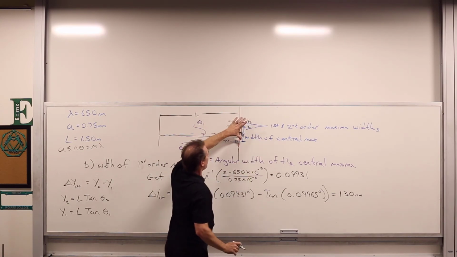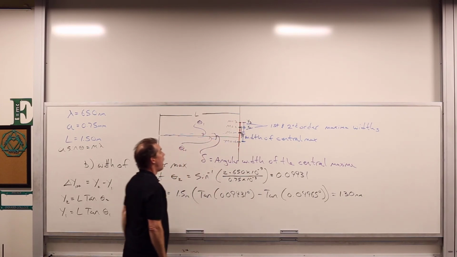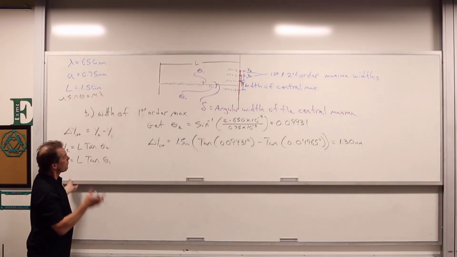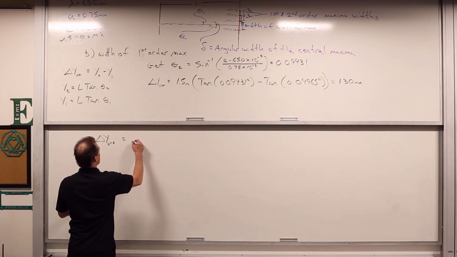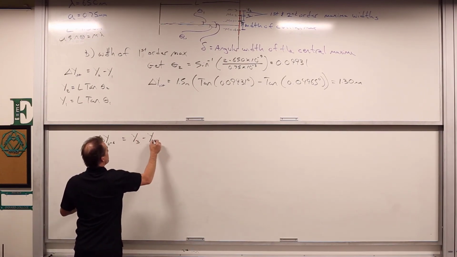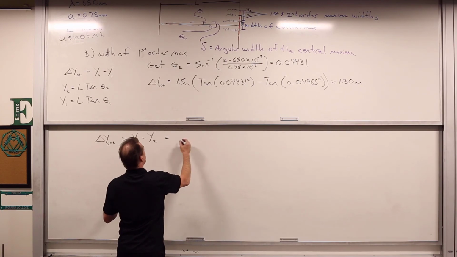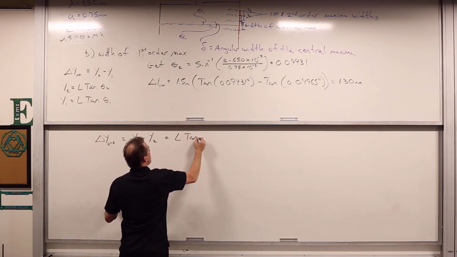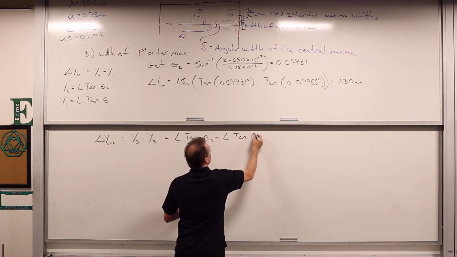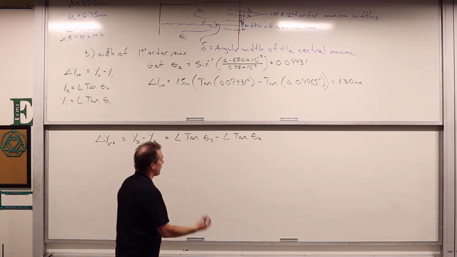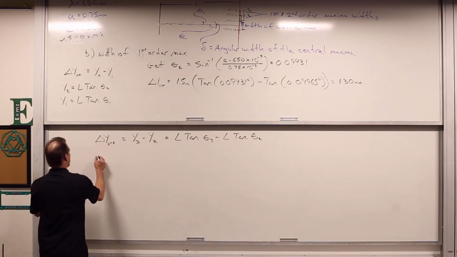The difference between y3 and y2 is going to be the width of that second order max. So we've got y3 minus y2, which will be equal to L times the tangent of theta 3 minus L times the tangent of theta 2. We already know what theta 2 is. We just need to get what theta 3 is.